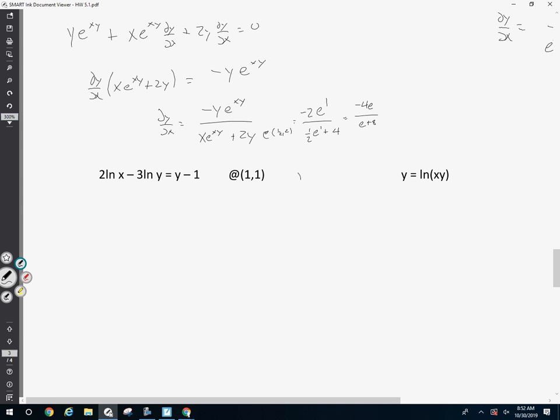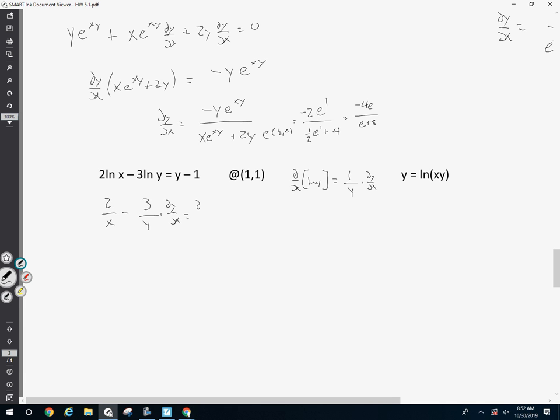Let's just talk about really quickly the derivative of log y. Derivative of log is 1 over. So I'd have 1 over y dy dx. Some of these derivatives are actually nice and easy to simplify. Derivative of 3 log y would be 3 over y times dy dx.